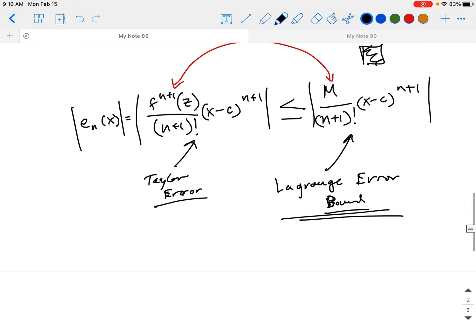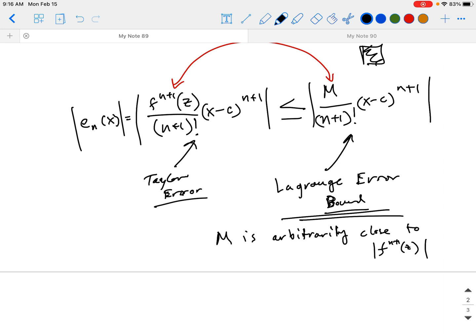So note that M is not a fixed value when we're actually working. M is arbitrarily close to this derivative. So we want to get as close as possible to that n plus 1 derivative.